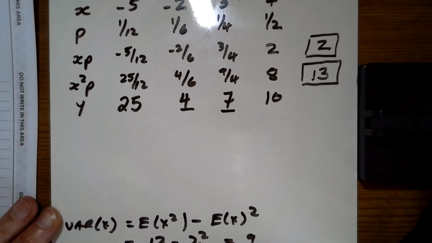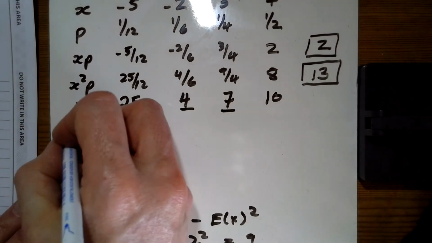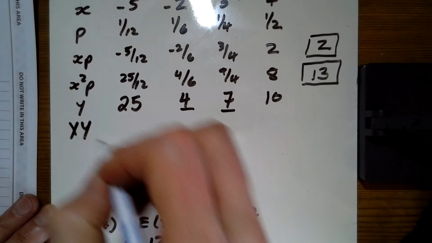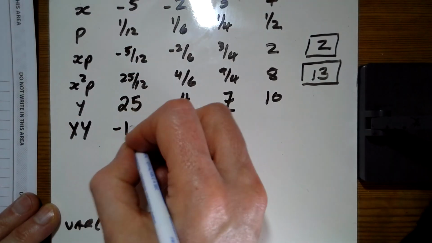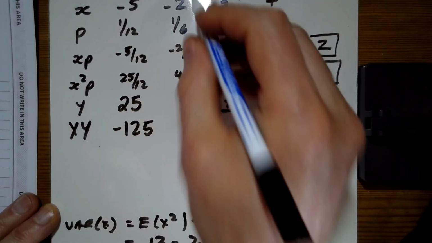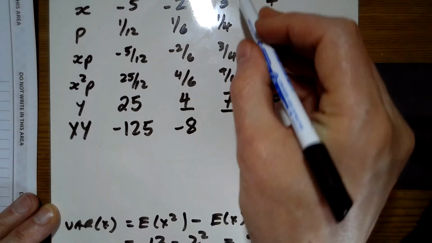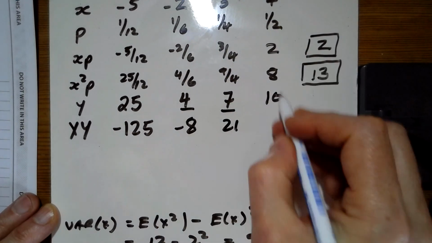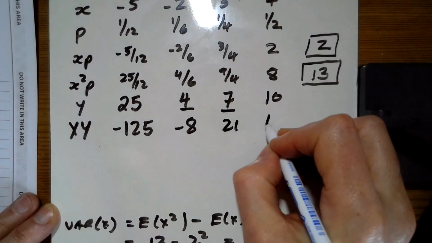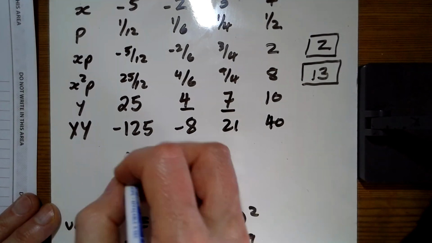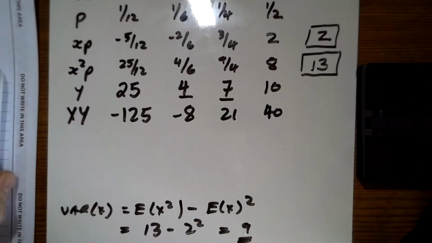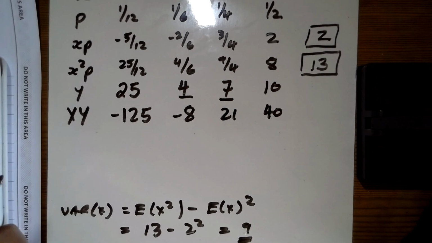And the last bit, the x times y. So xy are these two things times together, so that's -125, that is -8, that is 21, and that is 40. And if we times that by the probabilities each time, I think I might need to use the calculator to do that.